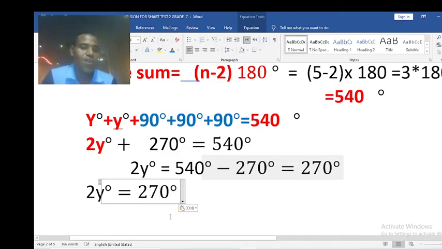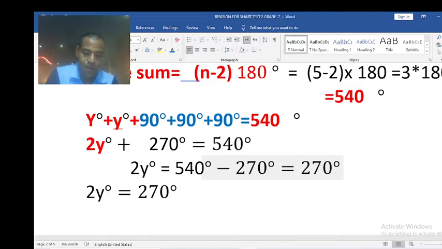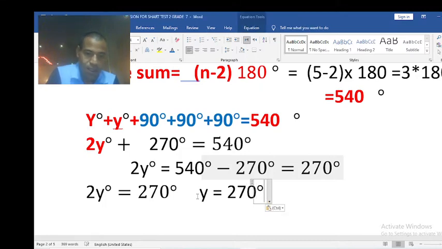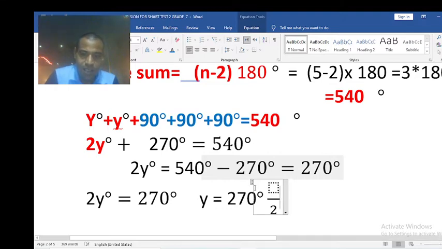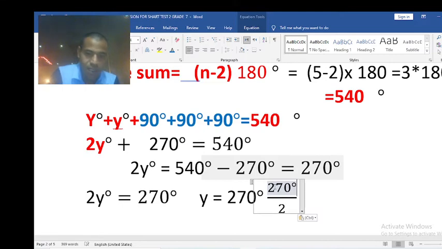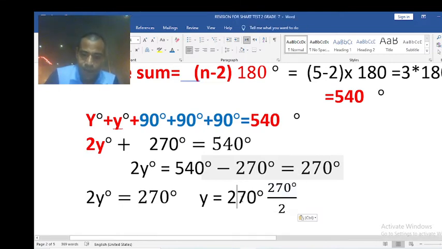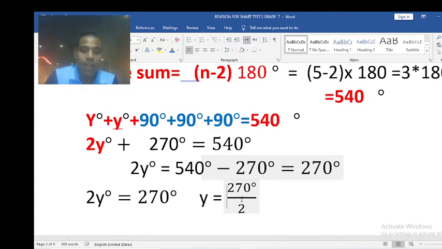So to find the value of y, you should divide both sides by 2. Therefore y is equal to 270 degrees divided by 2, then I will erase this one, equal 135 degrees.